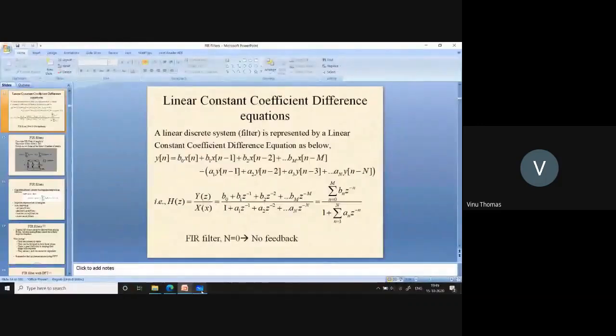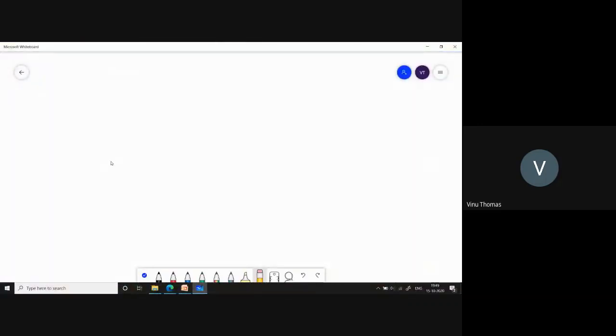So I will now use the whiteboard and try to illustrate this. So you have a system. Maybe this system can be represented by h of n. Here you have x of n, and here you have y of n.